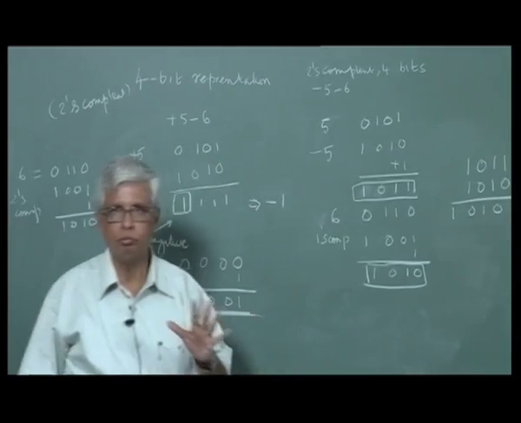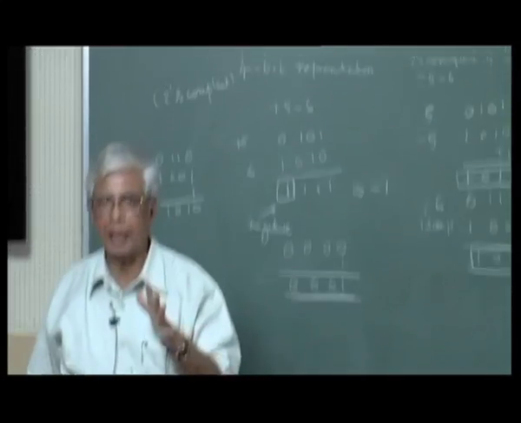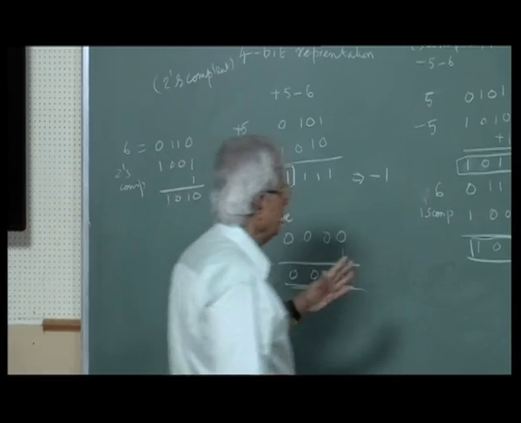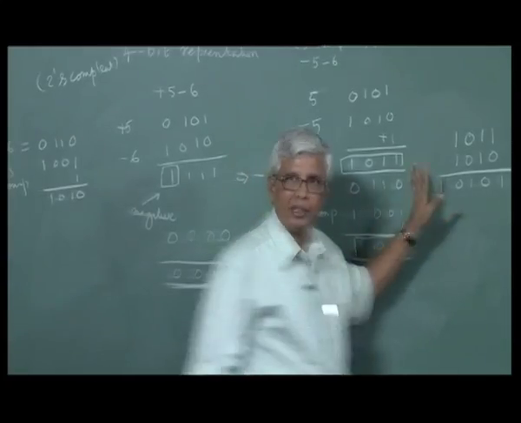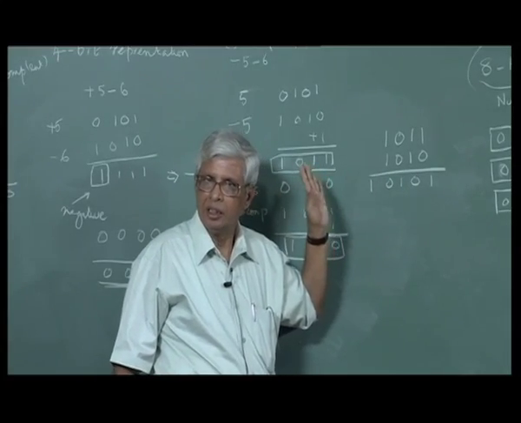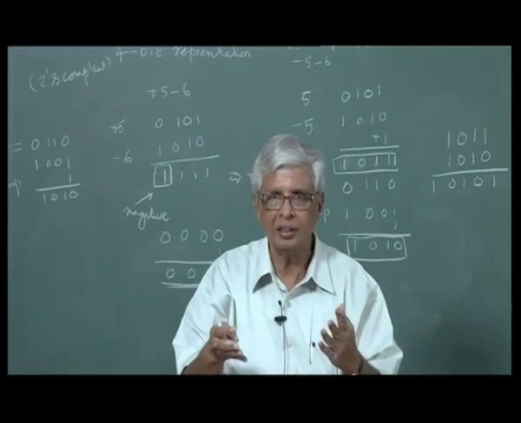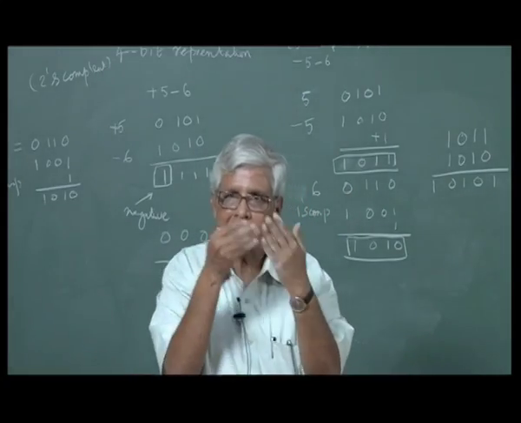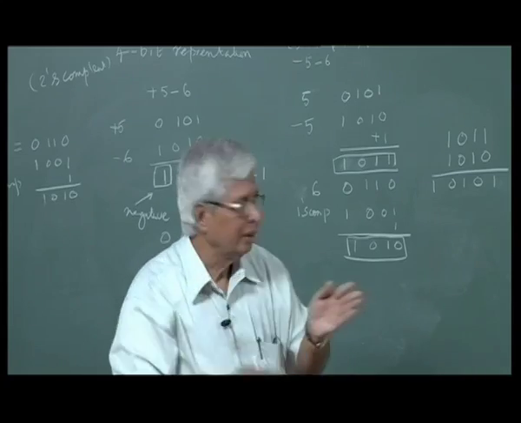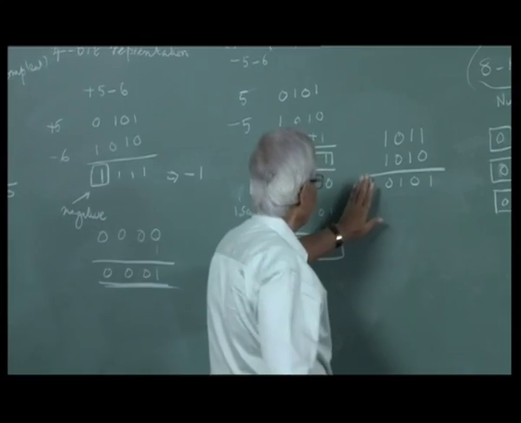Now, we know it is wrong because normally we discard the overflow bit. We don't need it. If the arithmetic is proper, answer is positive or negative, it doesn't matter. The sign bit is properly coming, this last bit has no meaning.